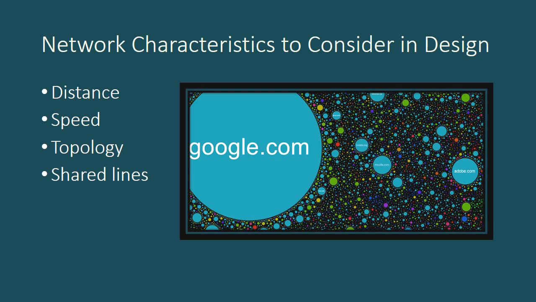Some of the characteristics that we have to consider in creating a network fall on the distance, the speed, the topography, or the design of the given network. And then, of course, the shared lines. Now, what is that shared line that I'm talking of?